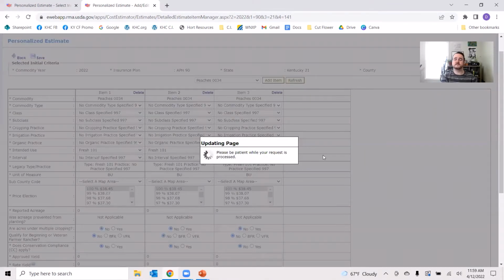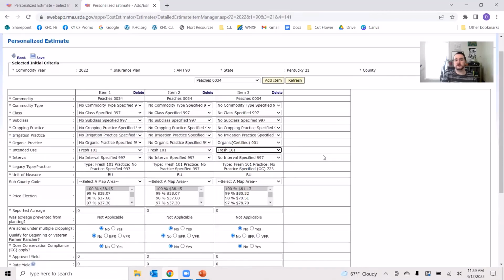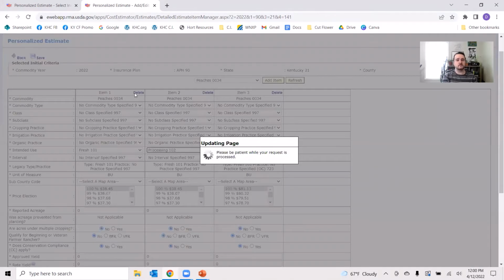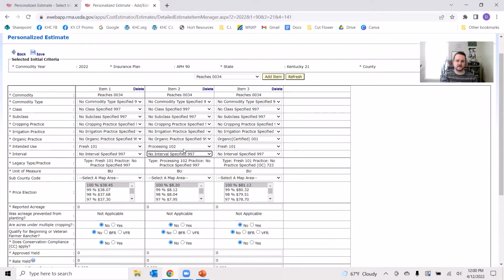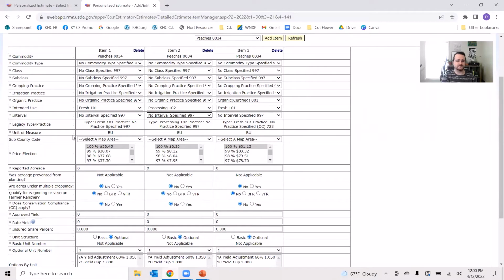We're going to say for this example, this item 3 is a farm that is organic. We'll keep them selling as fresh, but item 2, we're going to select as processing. So item 1 and 2 are going to be conventional methods, with 1, our farm, being selling fresh peaches, and item 2 is going to be selling processing peaches.